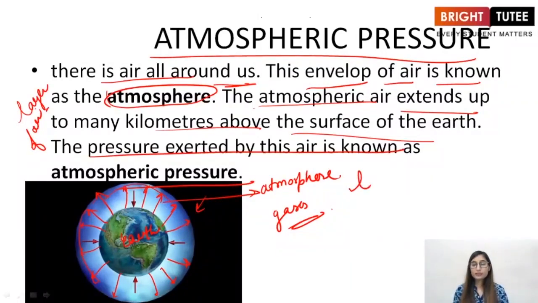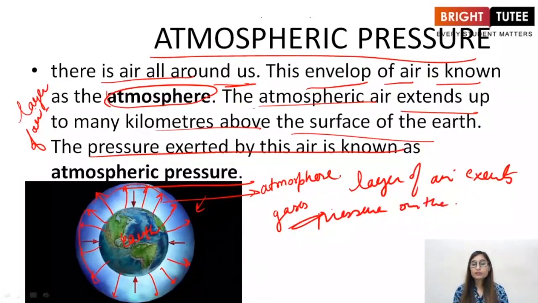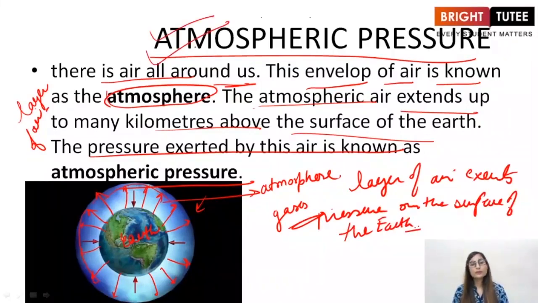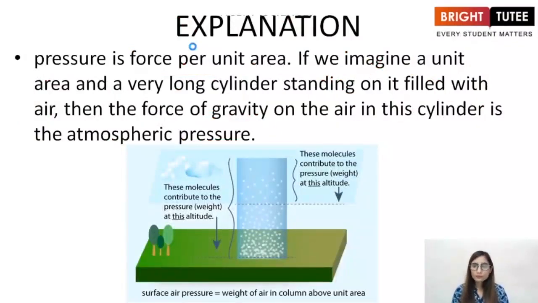This layer of air exerts pressure on the surface of the earth, which is known as atmospheric pressure. The pressure exerted by the atmosphere on the surface of the earth is known as atmospheric pressure. Now the explanation. Pressure is force per unit area, as we know. P is equal to F by A.